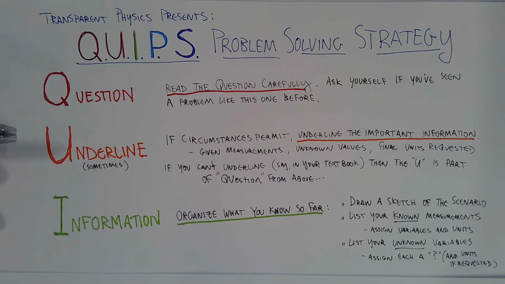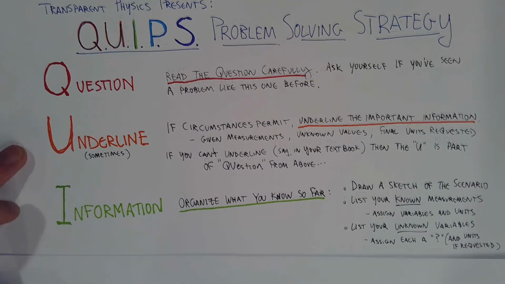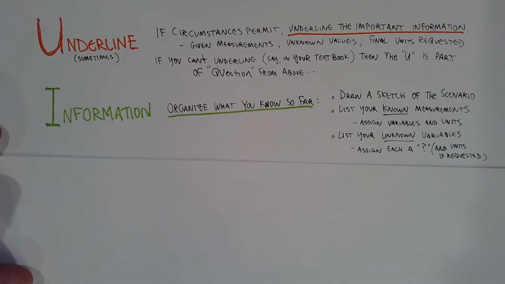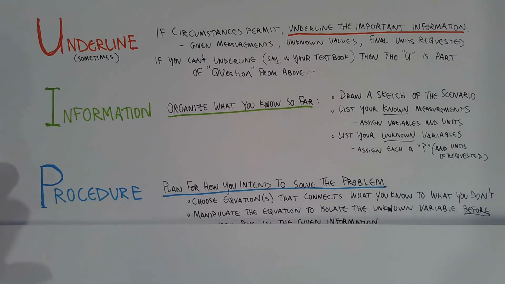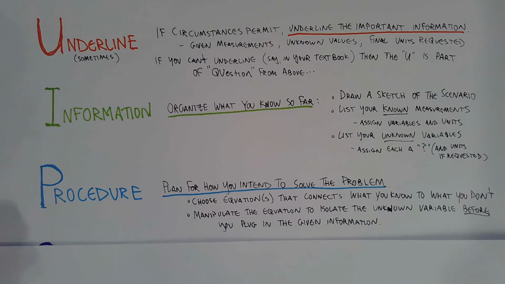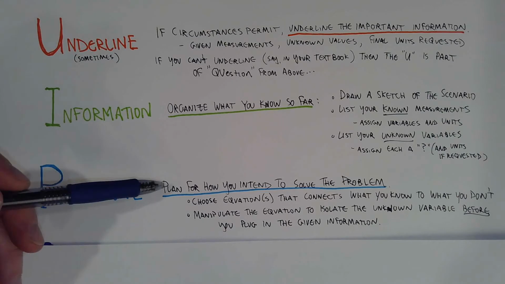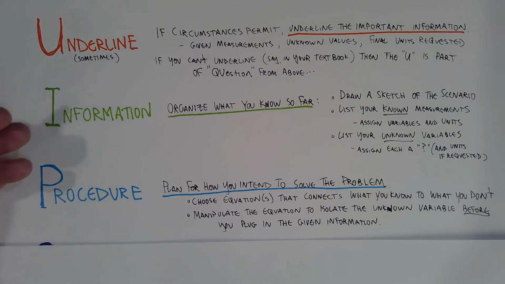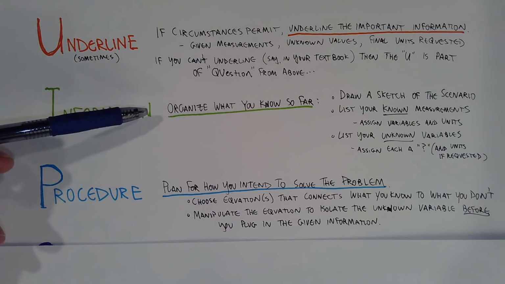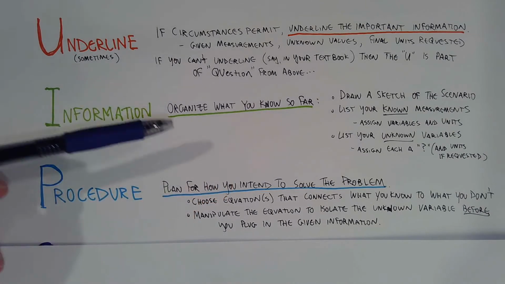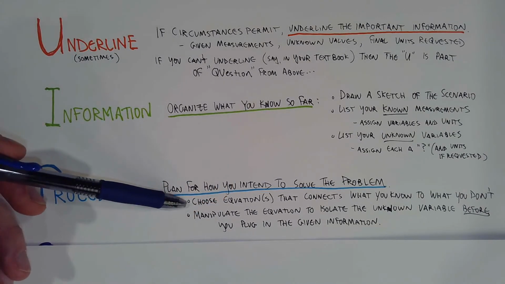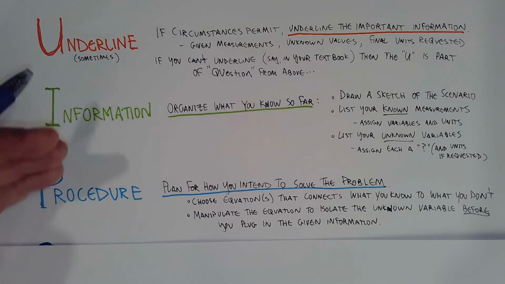So you've read the question, you've underlined the important information, you have organized your important information, and next up is P for procedure. Basically, you want to plan how you intend to solve the problem. Now, you're going to take a step back, look at what you know, look at what you don't, and think about specifically what equation connects what you know to what you don't.